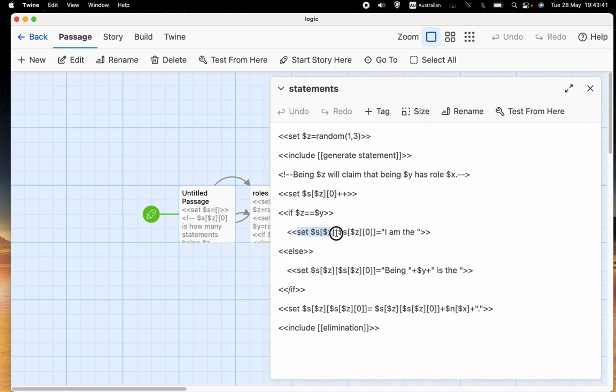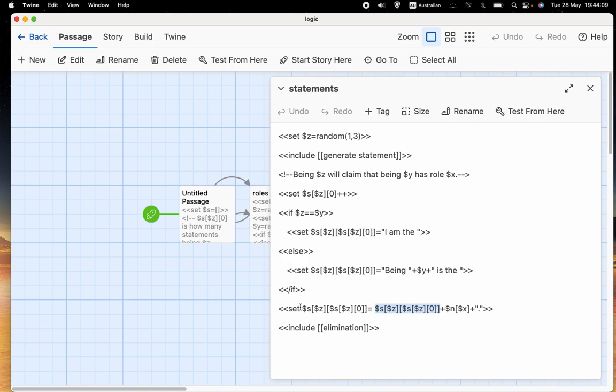So we set this to I am the, otherwise they're making a claim about another being and they say being Y is the. And then we have to put in the other part of the statement, which is what this being is claiming. So we set SZ, and then within these brackets we have SZ0 equals itself.